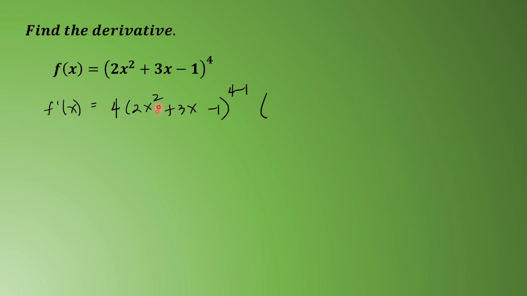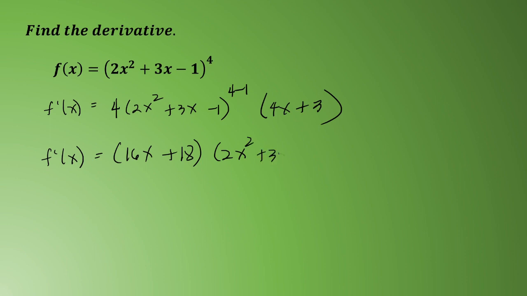The derivative of the inside function is 4x, 2 times 2, and then x plus 3. So I have 4x plus 3. And then simplifying, let's multiply 4 by 4x plus 3. So the derivative would be 16x plus 18, and then let's copy the inside function raised to 3.